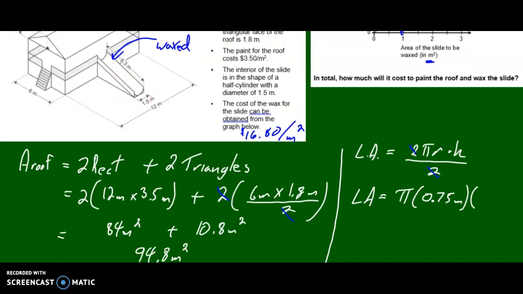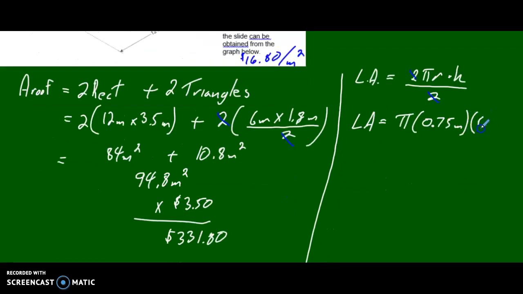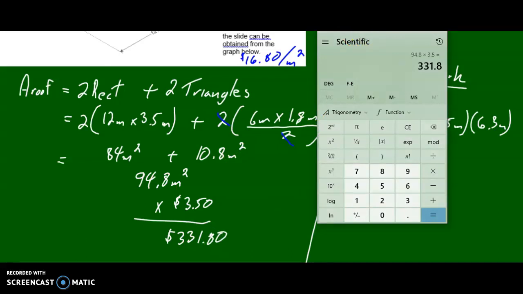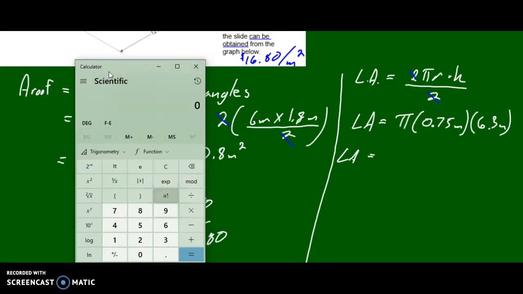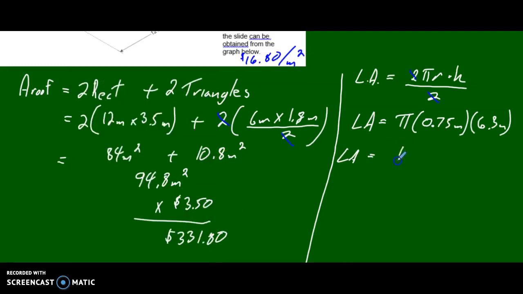So 0.75 times 6.3 times pi equals 14.84 meters squared.